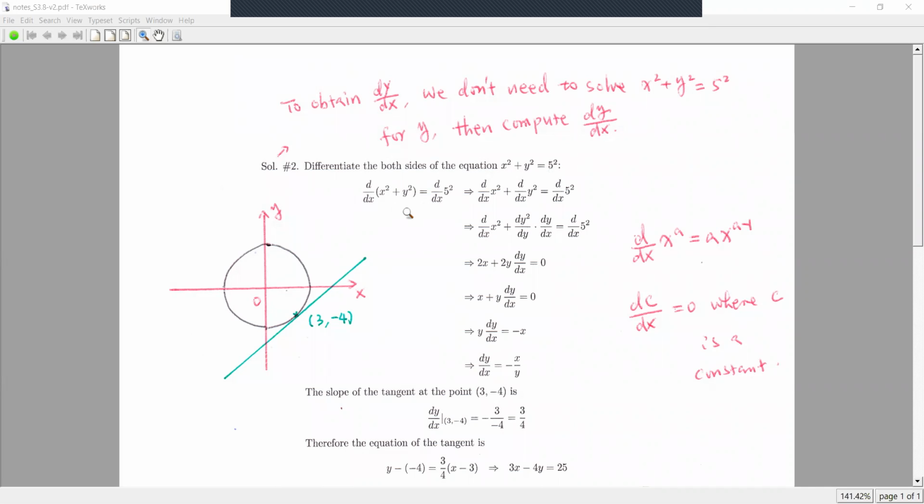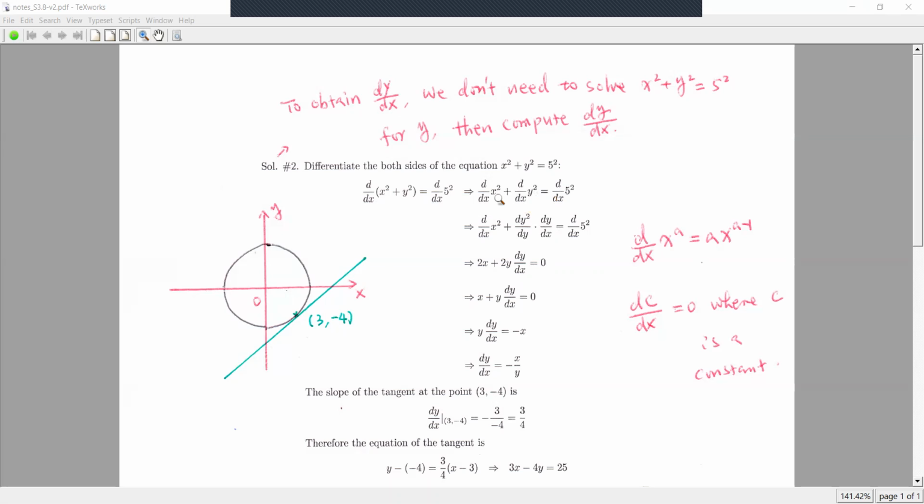The left side is a sum of two functions. X squared depends on x, so it is a function of x. Y depends on x, so y squared depends on x. So y squared is a function of x. By the summation formula, the derivative of a sum is the sum of the two derivatives. So we have this equation.